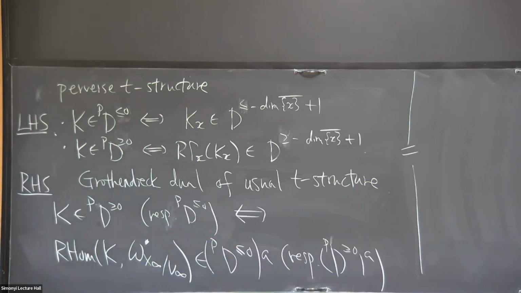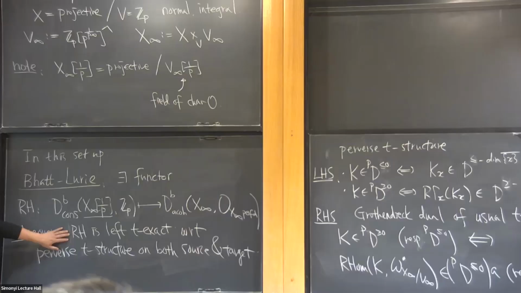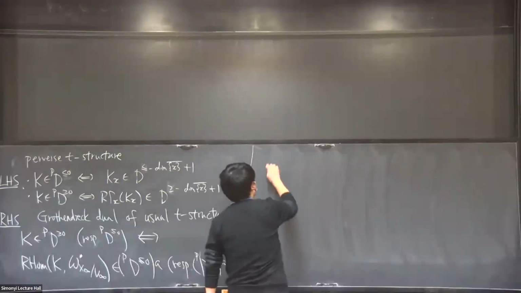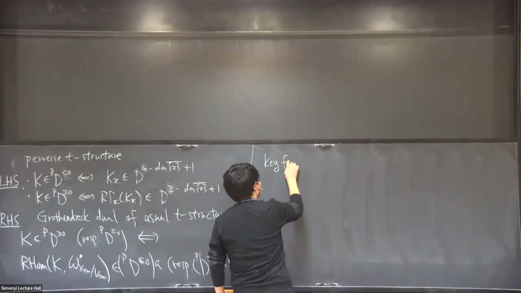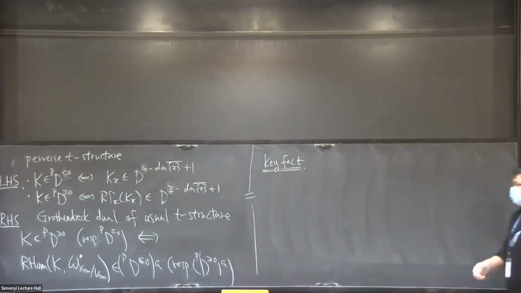almost coherent. So you can just work with the usual t-structure. Okay, and the upshot of this: how are we going to use this? As I said, the key property that's relevant for us is this left t-exactness. This already shows up in Bhargav's paper on the absolute integral closure.